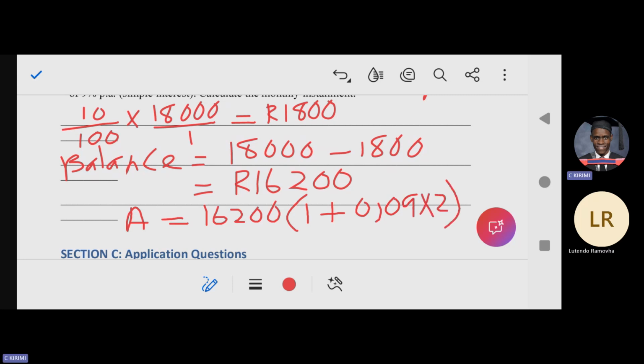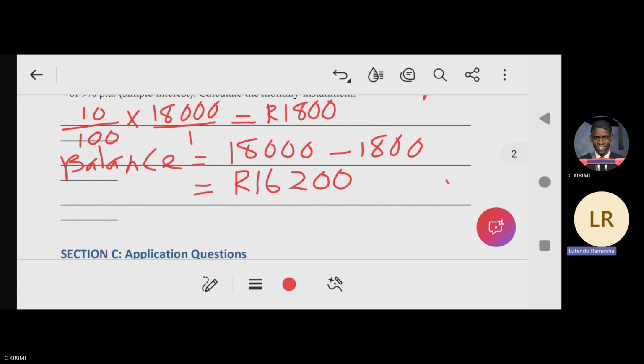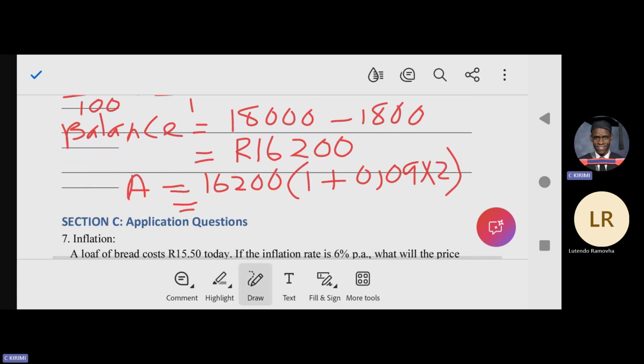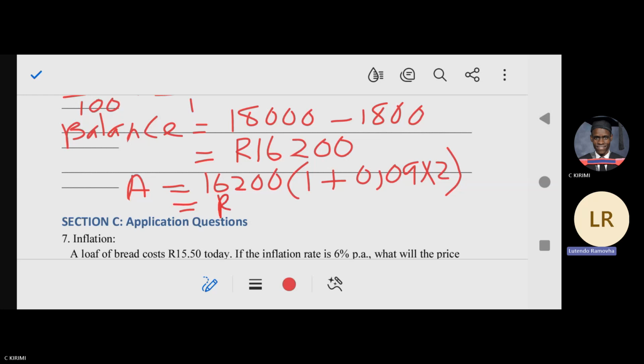What answer are you getting? 2,916 rands. That can be 2,000. The final amount which you are getting there.